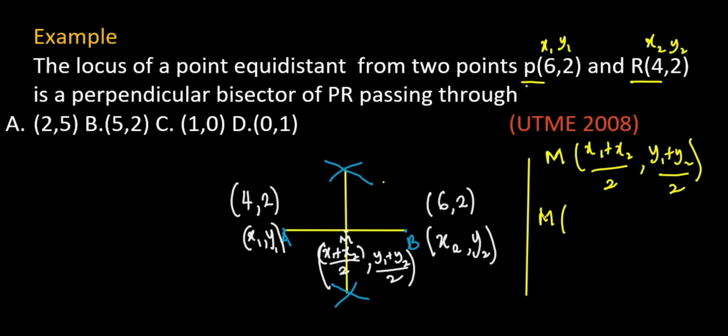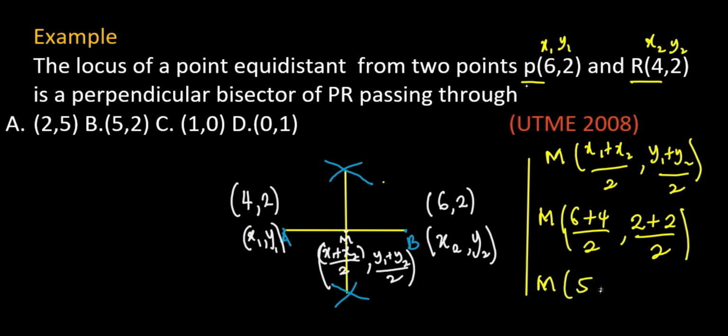We plug all these values into the formula. So we are going to get (6 + 4)/2, and for the next one, (2 + 2)/2. So the coordinate will now be 6 + 4, that is 10 over 2, which gives us 5, and that one will give us 2. And that should be option B for our answer now.